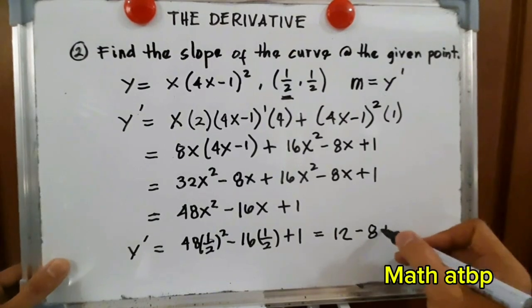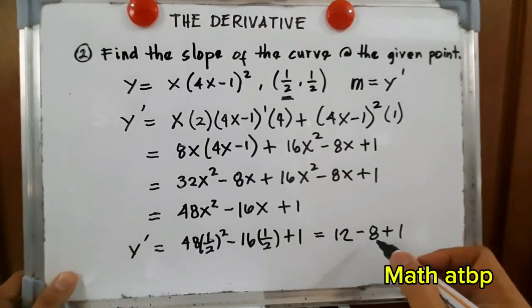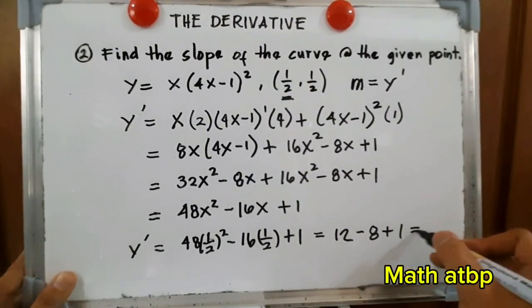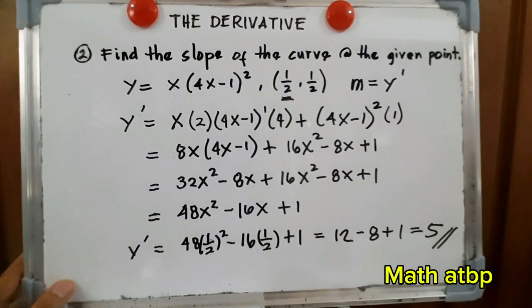And then copy plus 1. 12 minus 8 is 4, plus 1, that is equal to 5. Did you get it? Thank you.